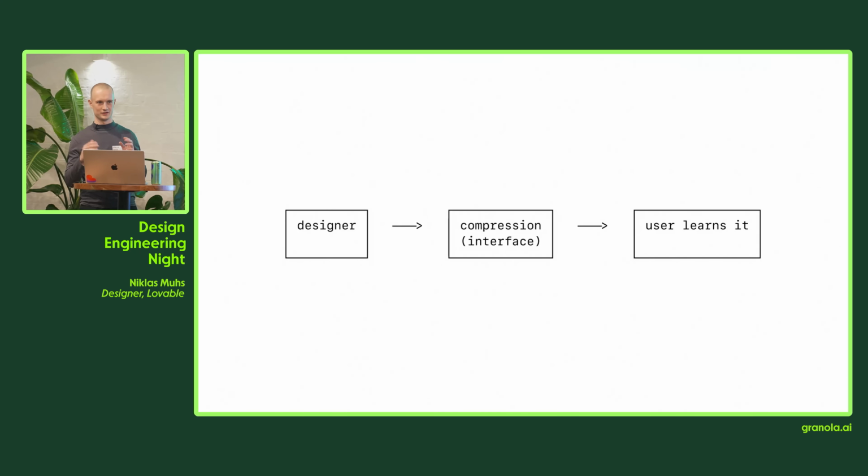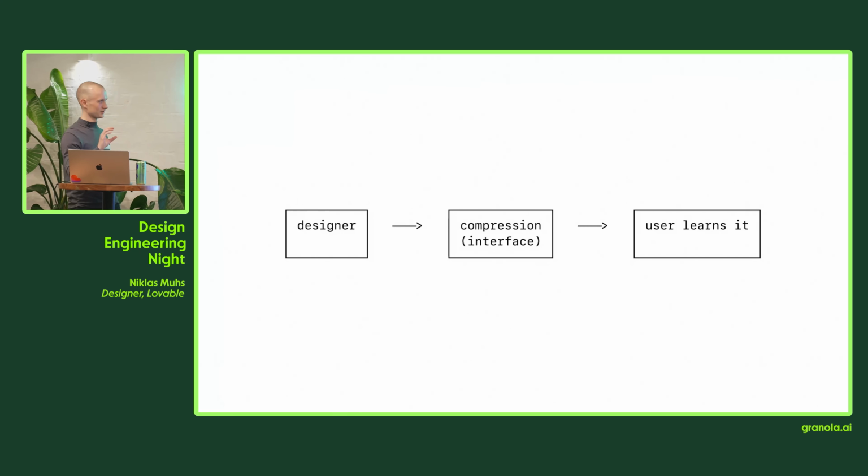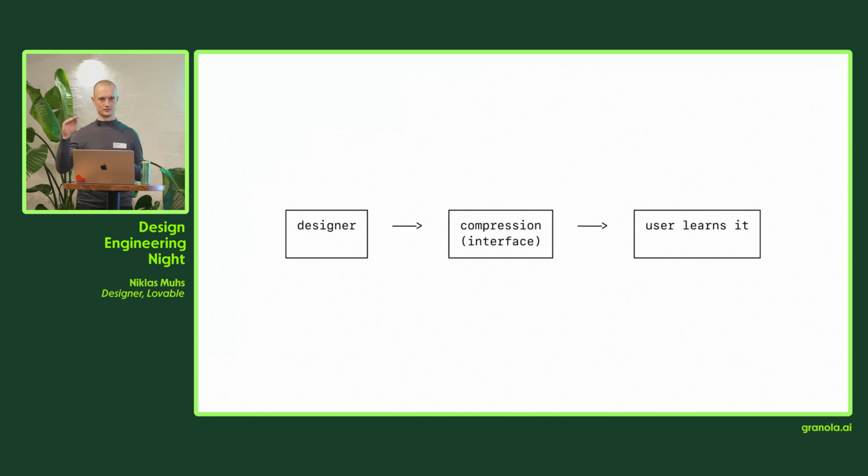So you have to learn how to use Excel, and Excel doesn't learn how you want it to work. And this system basically relies on the designer to find the right abstractions so that everyone can learn the system.